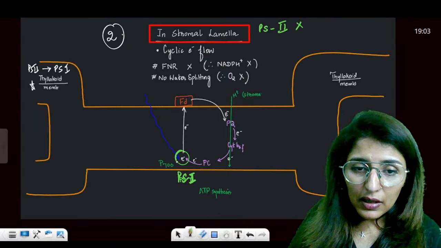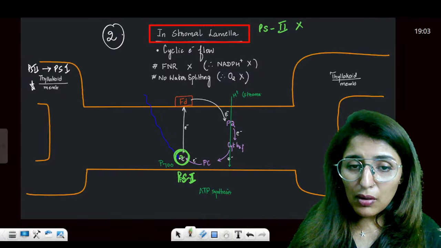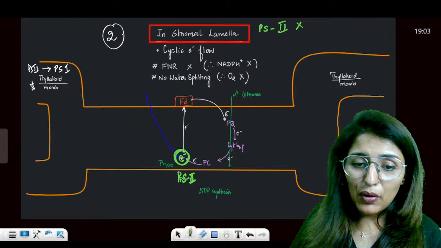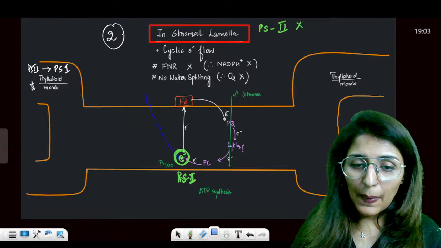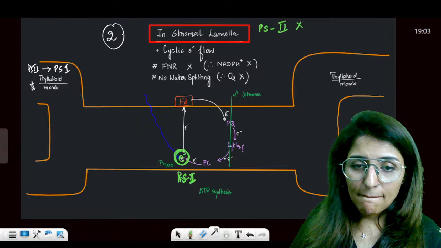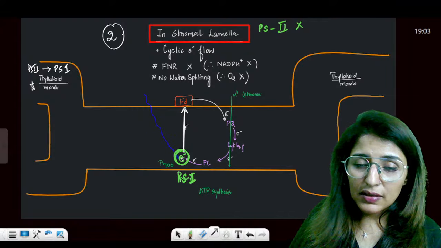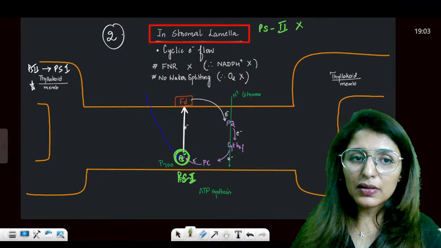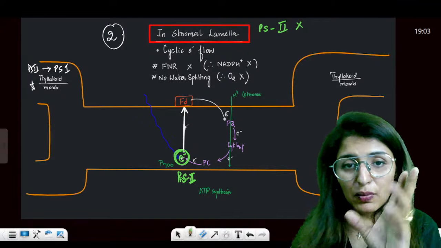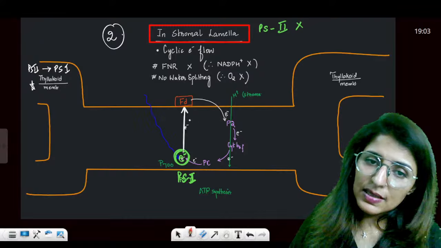So what will happen? The electron from the photosystem will jump to ferredoxin. That is what was happening previously also. So the electron acceptor of PS1 is always ferredoxin. It's the same story here.